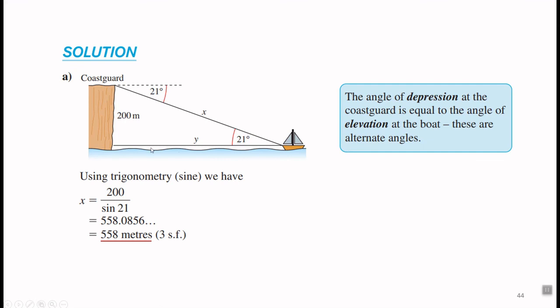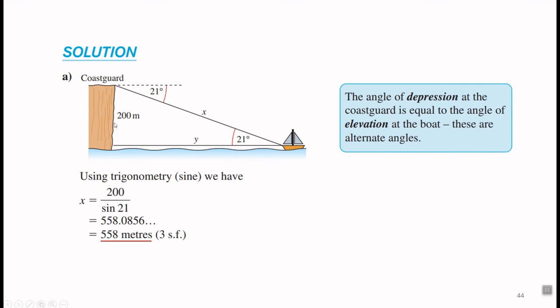We can mark the diagram like this: Coast Guard, boat, and angle of depression. This is the eye level, the horizontal line. Then this is the object, and this is the line of vision. The angle is 21, the angle of depression.